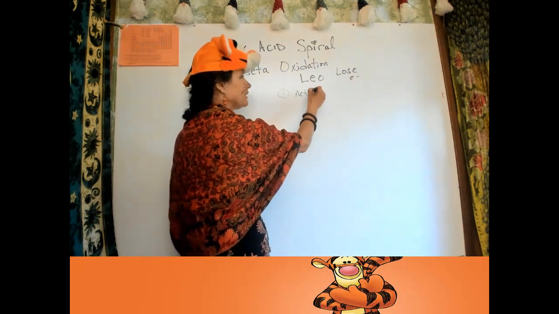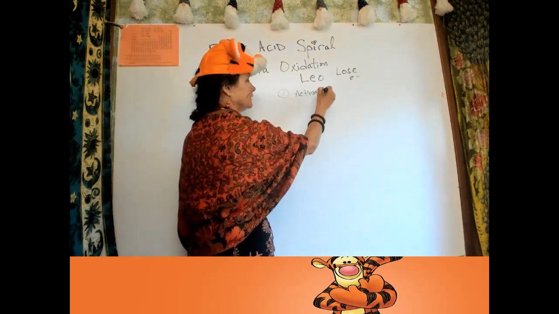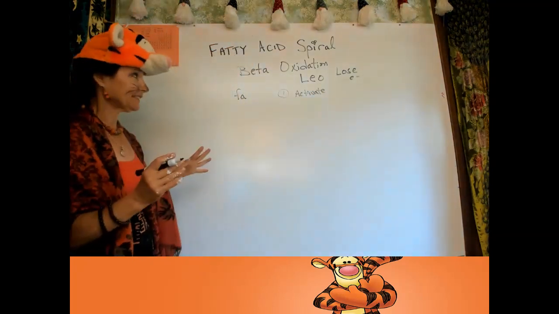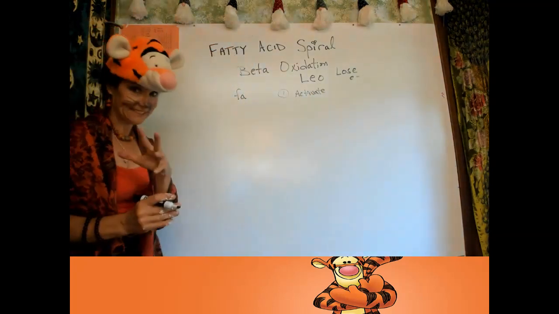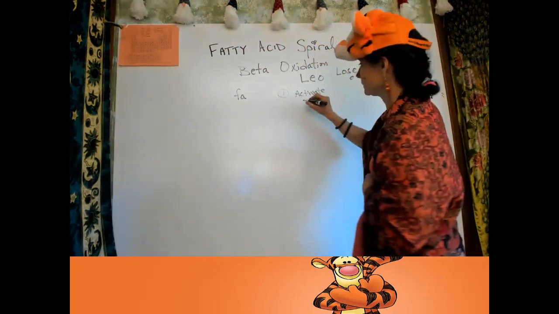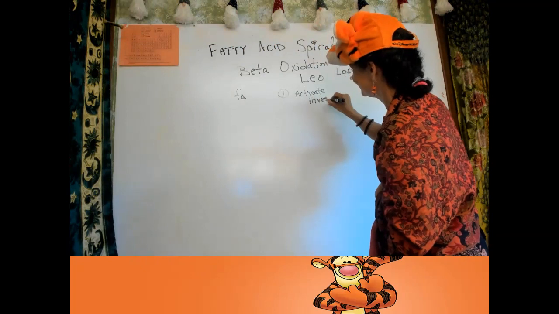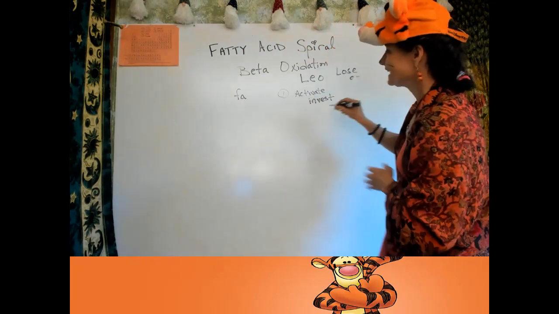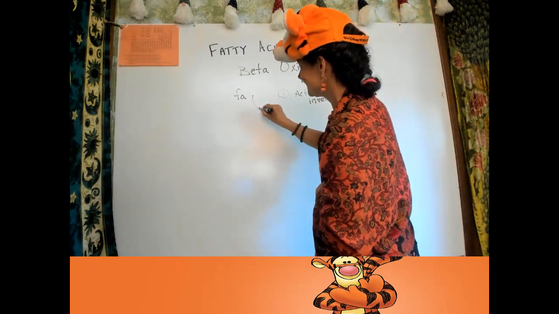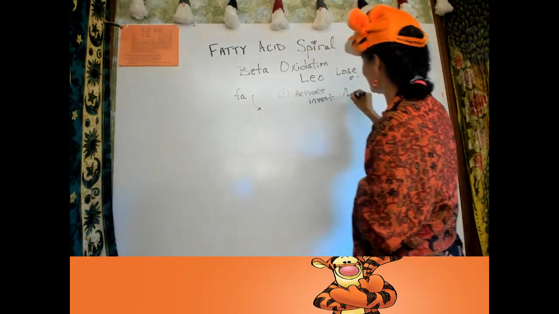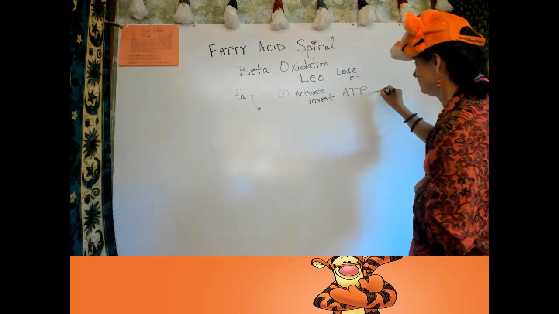So when we talk about glycolysis, we had to activate it, which means we invest. Activate means we're going to invest. And we're going to invest for the fatty acid to get activated, an ATP becomes an AMP.